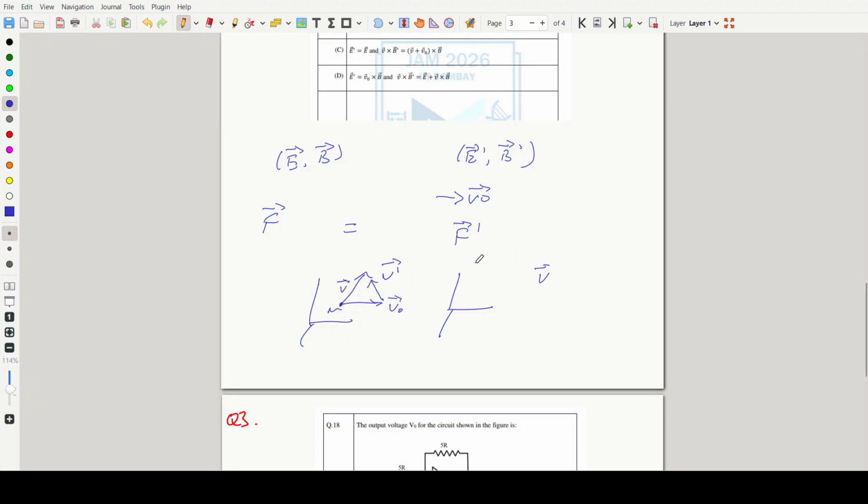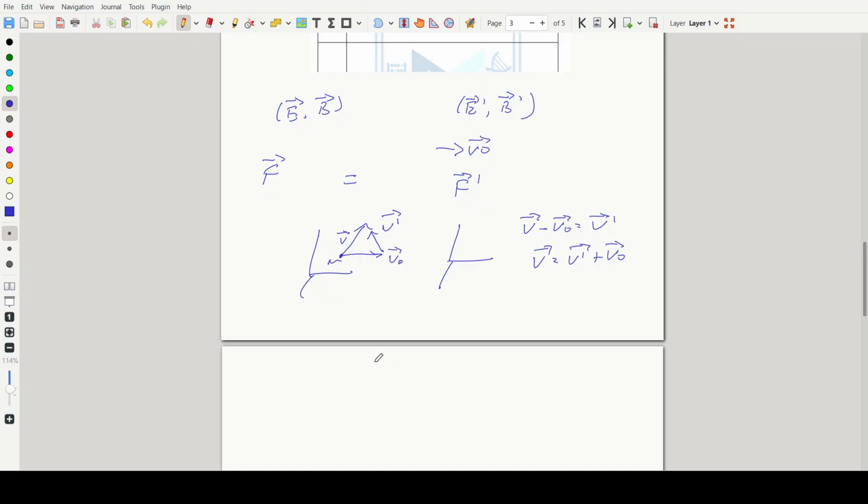So the vector relationship is vector v minus vector v naught is vector v prime. Now I can write vector v as vector v prime plus vector v naught.